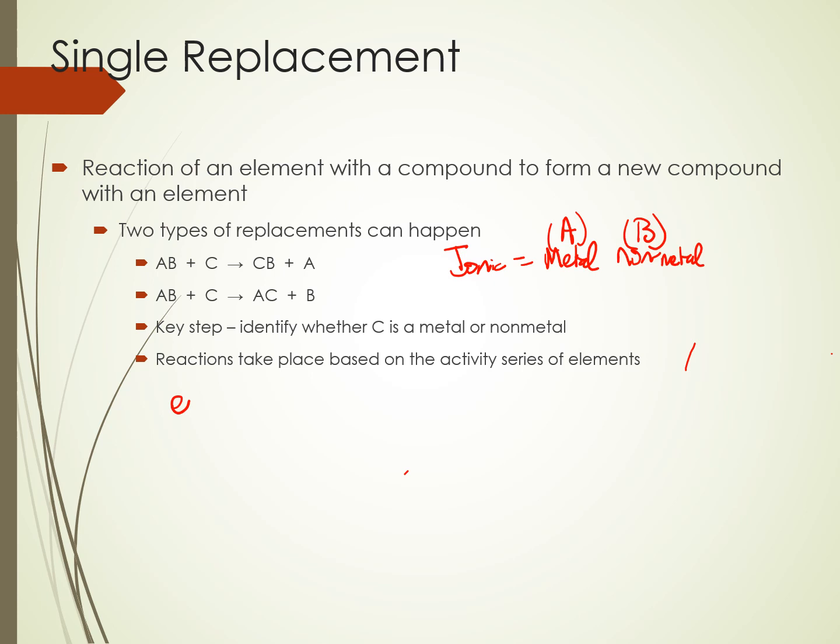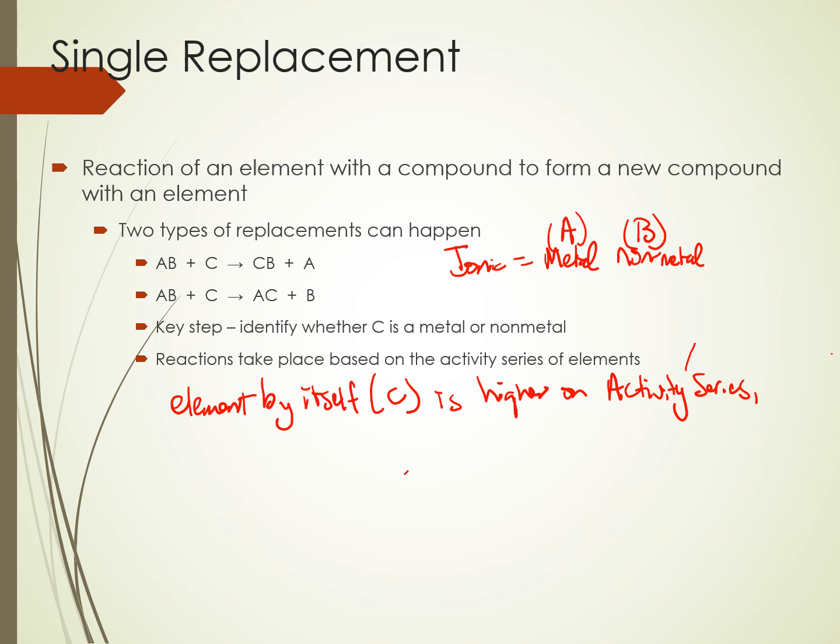So the element by itself, again thinking about element C, is higher on the activity series than the element in the compound that it would replace.